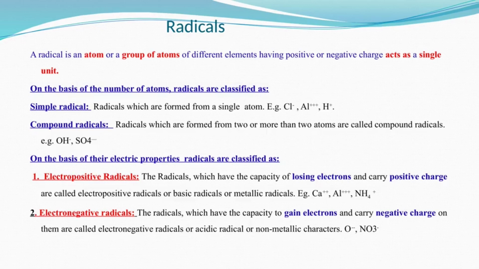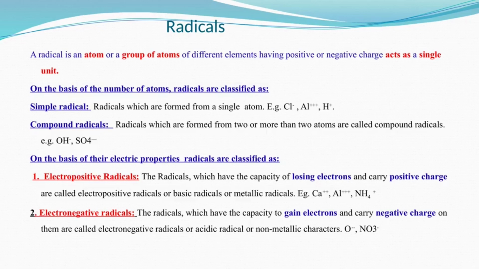Another type of radical is electronegative radicals. So what are electronegative radicals? The radicals which have the capacity to gain electrons and carry negative charge. Negative charge on them are called electronegative or acidic radicals or non-metallic radicals, as they have non-metallic character.